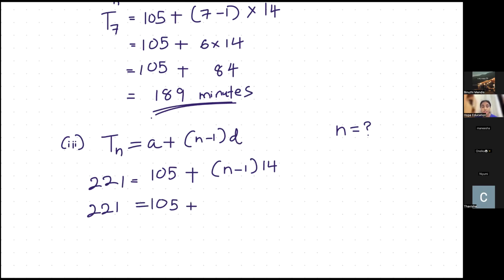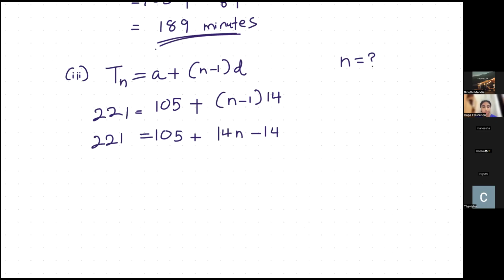Fourteen times n is 14n. 14 times minus 1 is minus 14. Equals 105 minus 14, we can get 5 minus 4 is 1, 10 minus 1 is 9. So we can get 91 plus 14n.